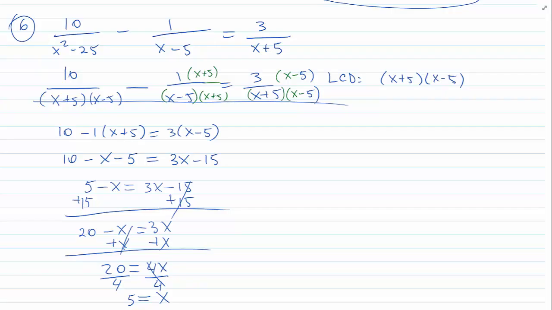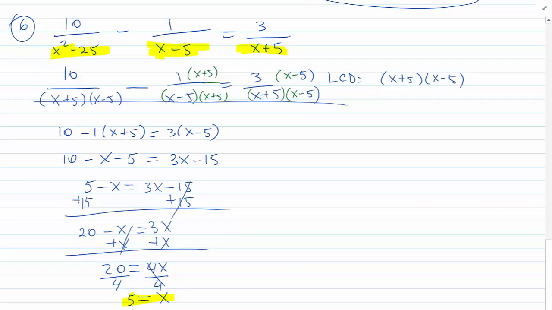Good. I know, say it with confidence. We have a rational expression, and one thing with rational expressions is that the denominator cannot be equal to 0. It can't. So we have to check to make sure that x equals 5 does not make the denominators 0.